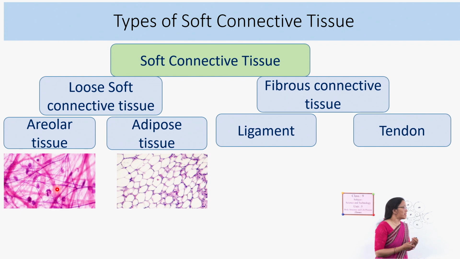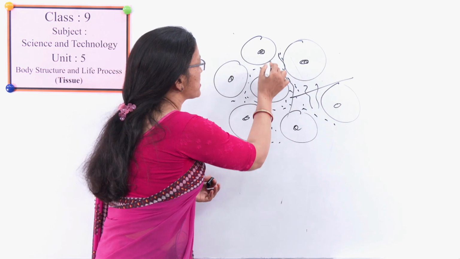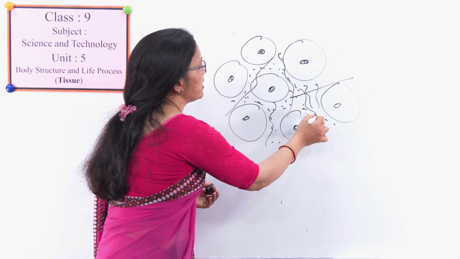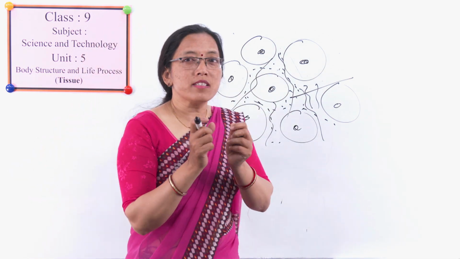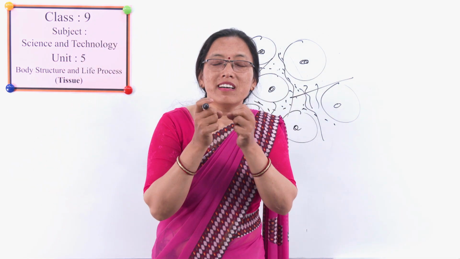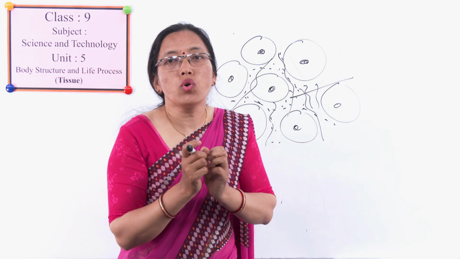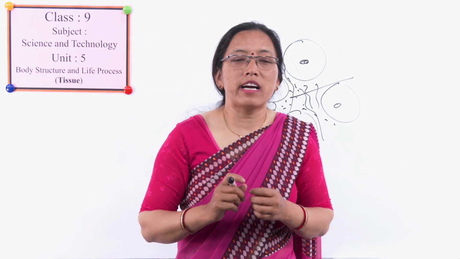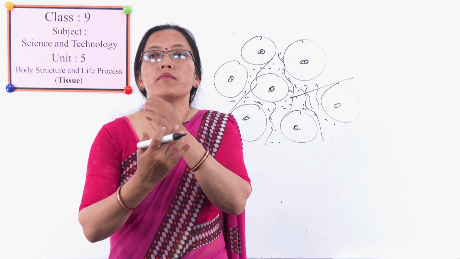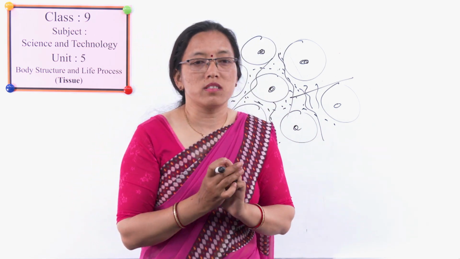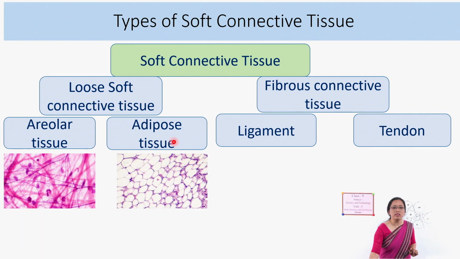In this, there are more fibers present. There are two types of fibers: some are elastic fibers, some are very rigid fibers. That is, collagen fibers and elastic fibers are present, and that helps to bind our skin with the muscles. And another one is adipose tissue.